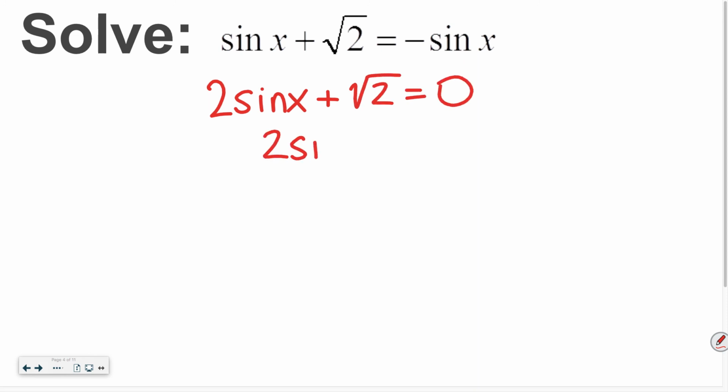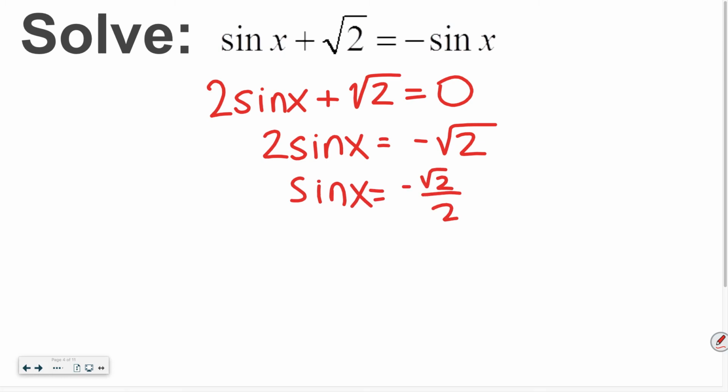Then we could subtract radical 2 like you suggested. And to get sine of x completely by itself, we could then divide by 2. So we're using our Algebra 1 skills here. We solved the linear equation by getting sine of x by itself.